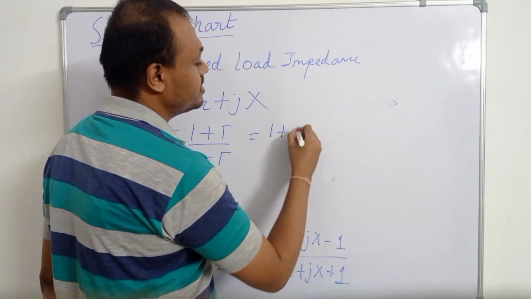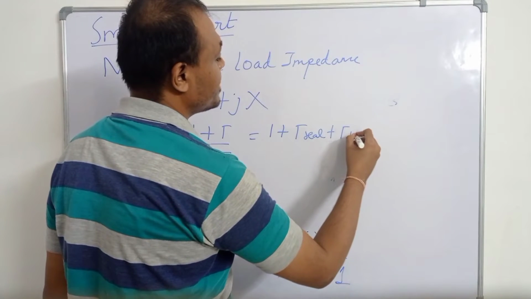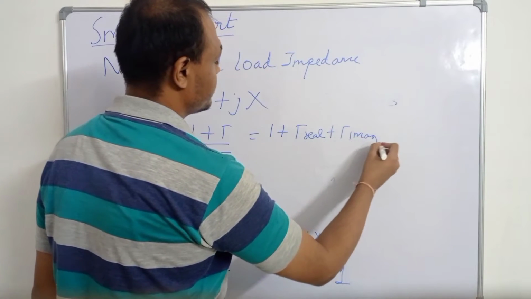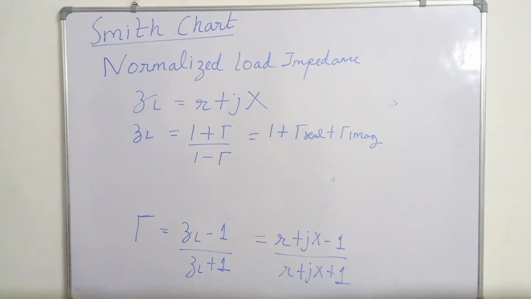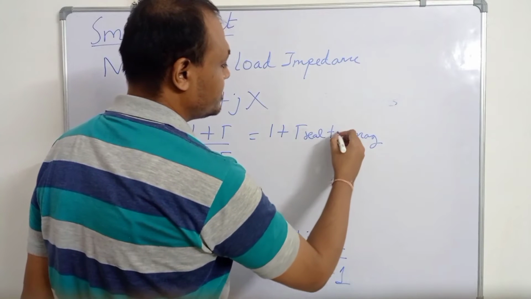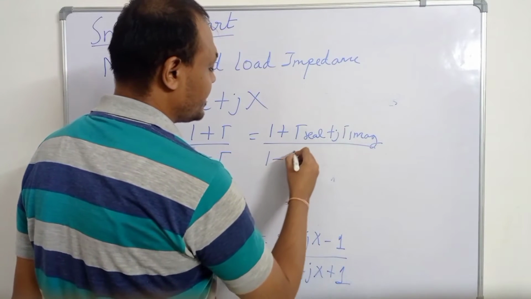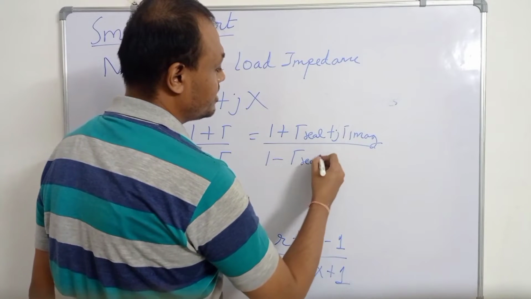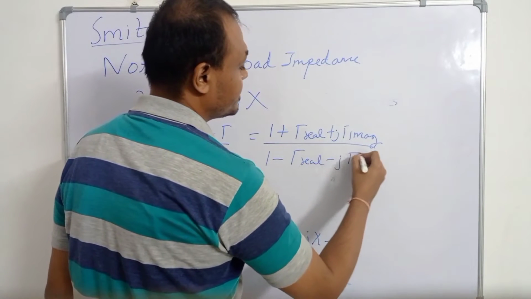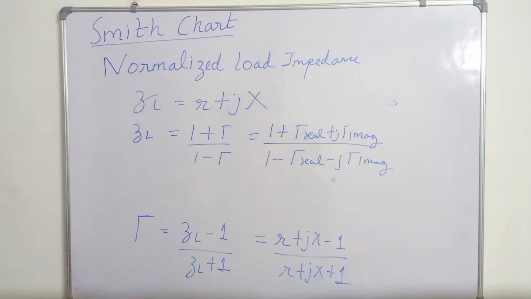So this will be equal to 1 plus gamma real plus j gamma imaginary upon 1 minus gamma real minus j gamma imaginary.